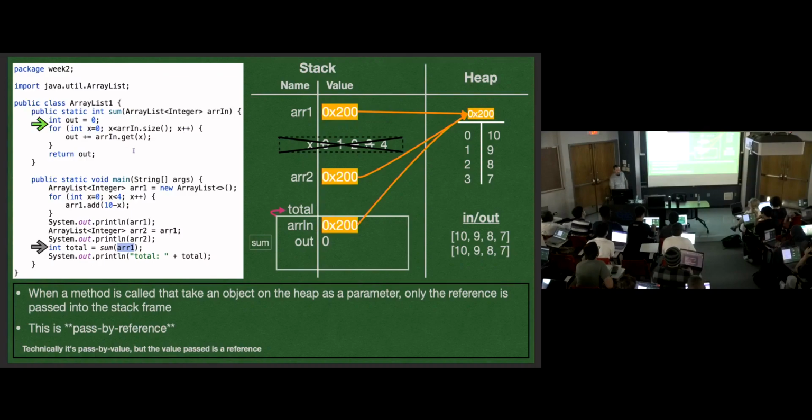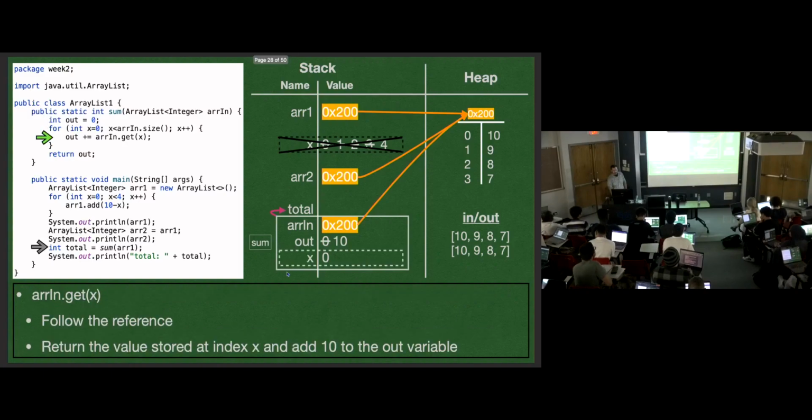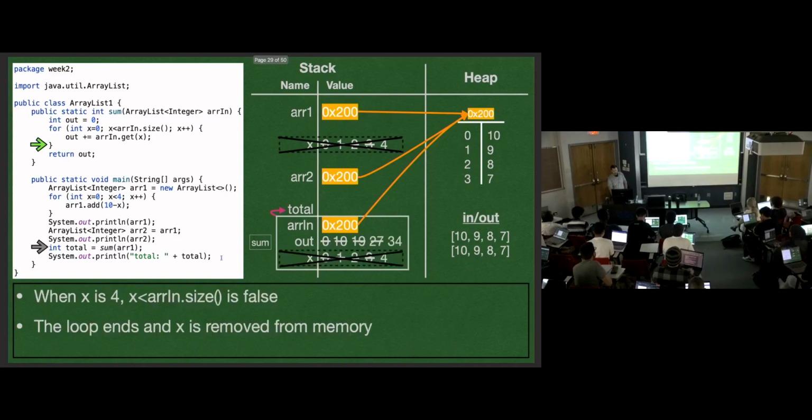And then when we go through our array list in the method, we've got our stack frame, our name of it, our return arrow, and our parameter. We're going to create a local variable out and go through this list. I'm not going to go through the whole thing, but every time we update the variables, we're going to get the values from that same array list by going to OX200 and navigating through the indices 0, 1, 2, 3.